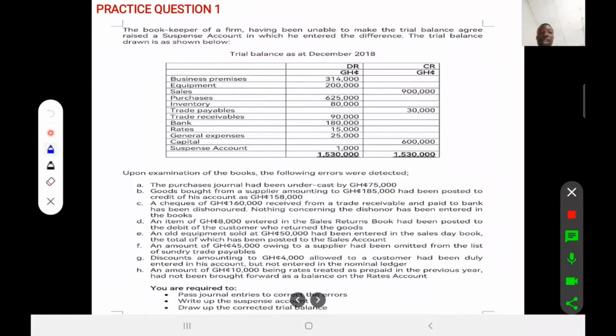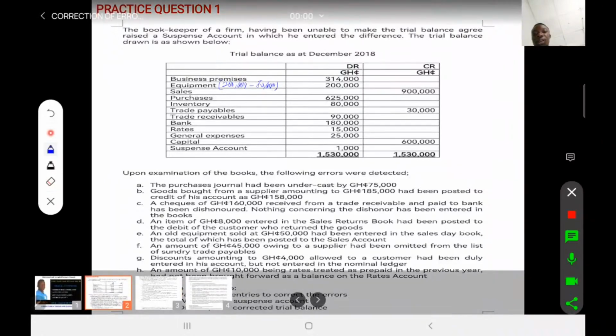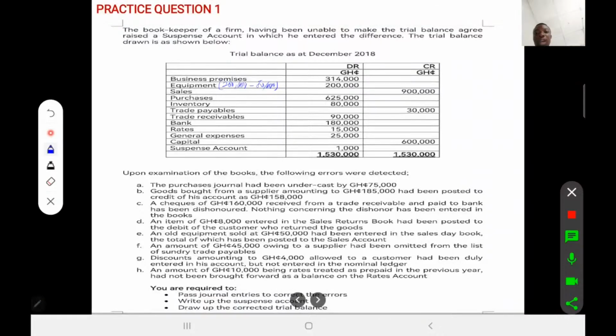You said that equipment was sold, which was 50,000. So for you to know the total equipment that you have in your business as at now, you subtract. You're going to say here is 200,000, and you subtract 50,000 from it, and that's going to be the end result, at the debit side of the trial balance.